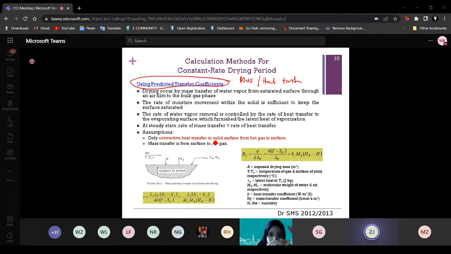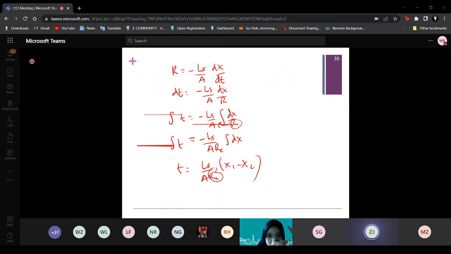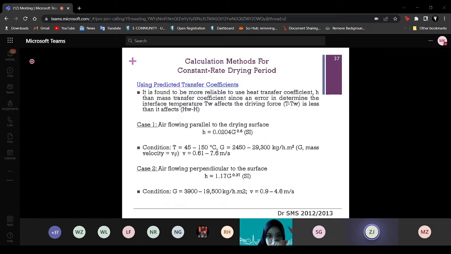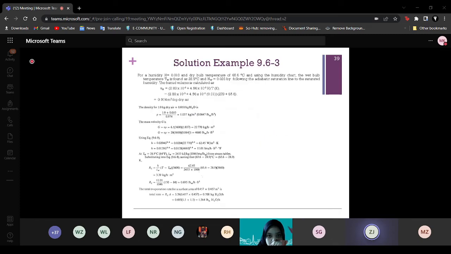So I'm going to talk about this later on. Okay, for the constant rate period, kita ada equation. Without running any experiment, we still can calculate it. Okay, only at the constant rate period. Okay, now I try to move on to falling rate.